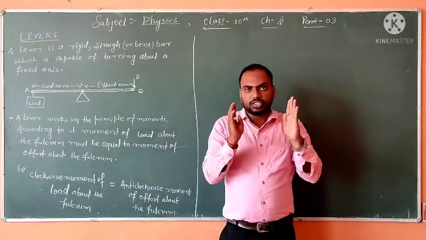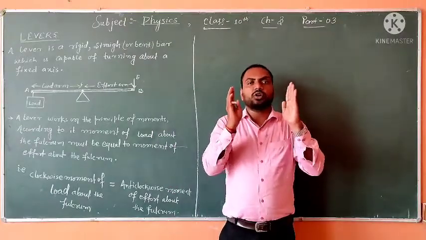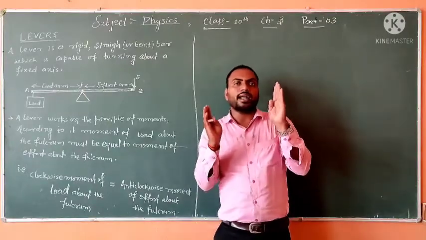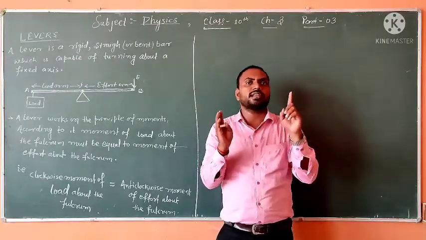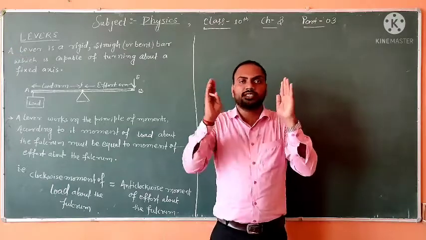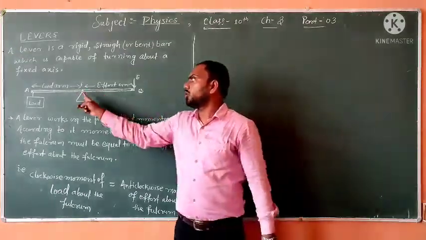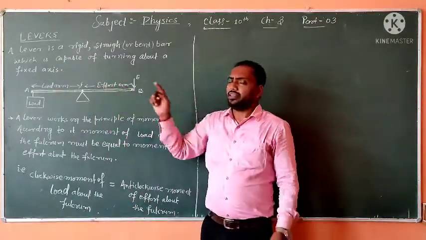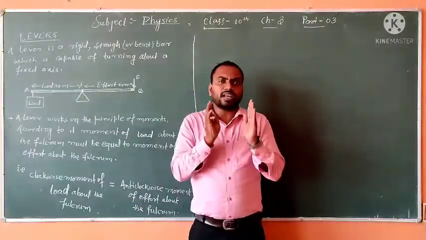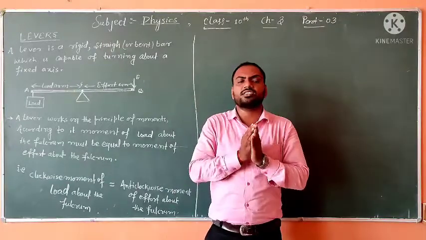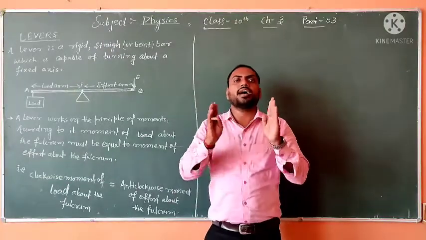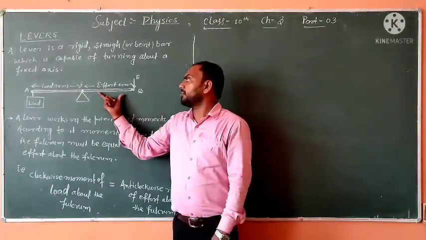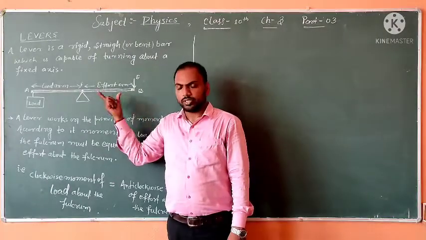That distance is called the load arm. In the same way, effort arm is the shortest distance between the effort and the point of axis of rotation, that is the fulcrum. That is called the effort arm.